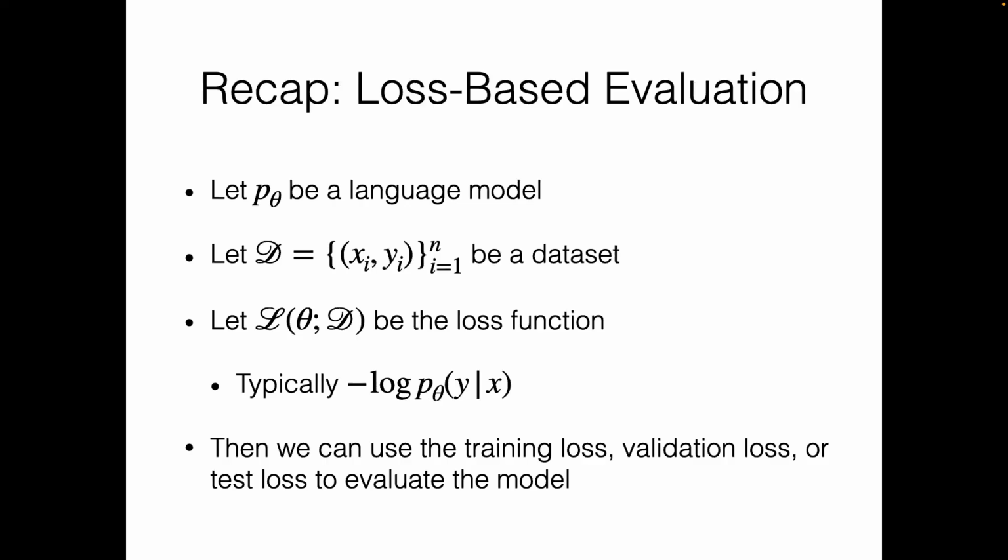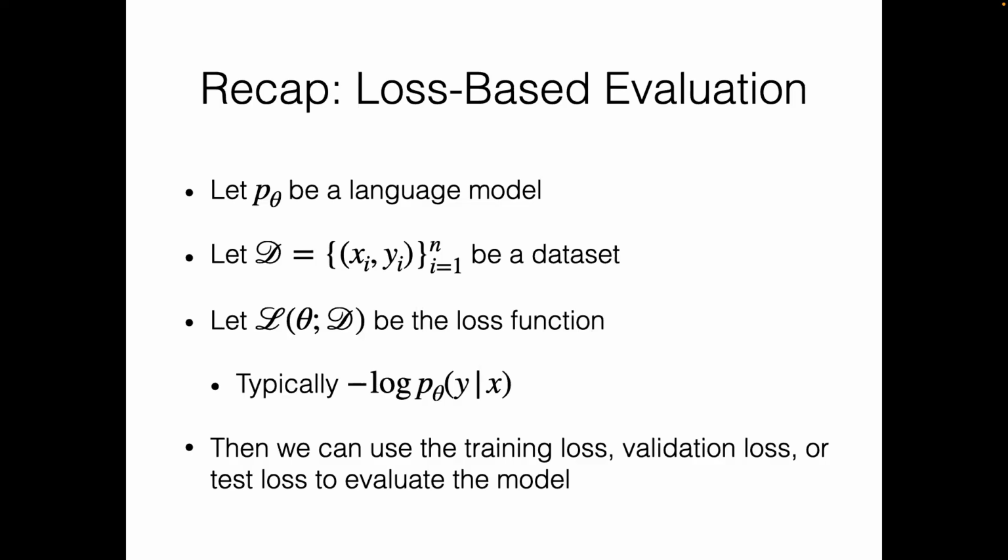Okay, so if we recap, we actually talked about one way of evaluating models. Well, actually, two. We talked about another one briefly, and I'll mention it in a bit. But maybe a really simple way is, let's say you have access to everything. So you're maybe training or fine-tuning the model yourself. And you have this nice setup where you have a data set and you have a loss function.